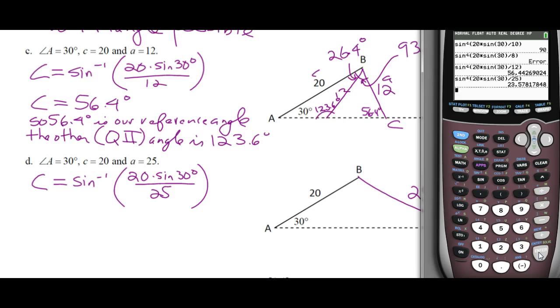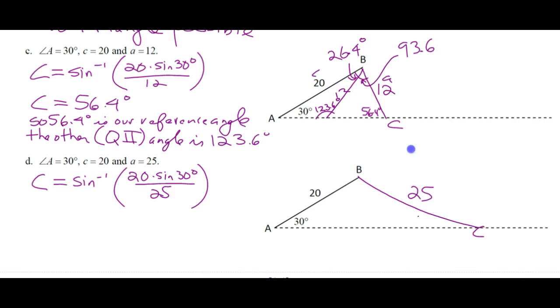Okay, 23.6. So we have to say, hey, this is like the ambiguous case, right? I have an angle of 23.6, so we have a reference angle. So C, or let's maybe call it C ref, is 23.6 degrees.